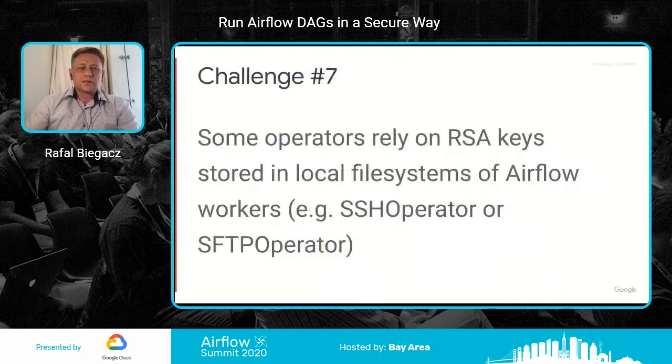So the challenge number 7 that you might encounter is that some operators rely on RSA keys that are stored in local file systems of Airflow workers. For example, SSH operator or SFTP operator. So what you can do about it?